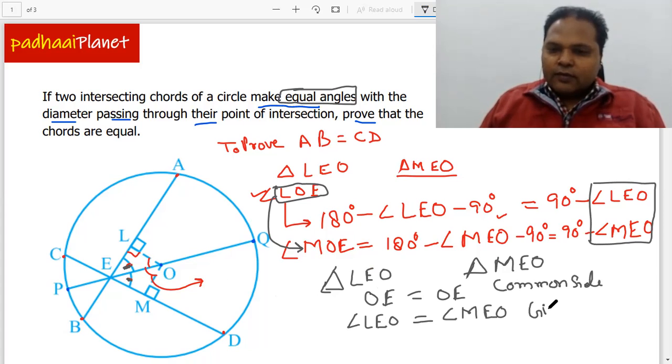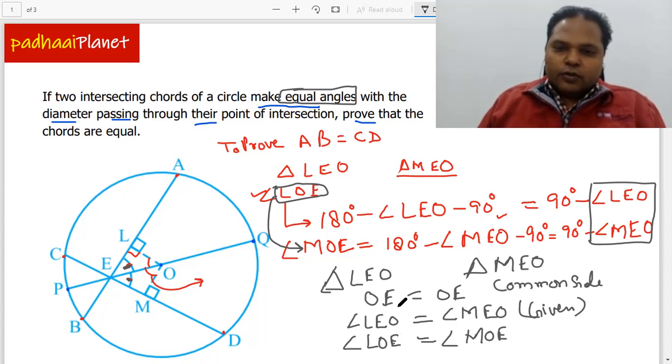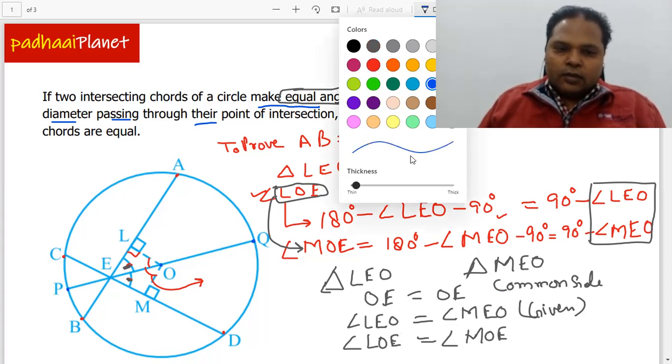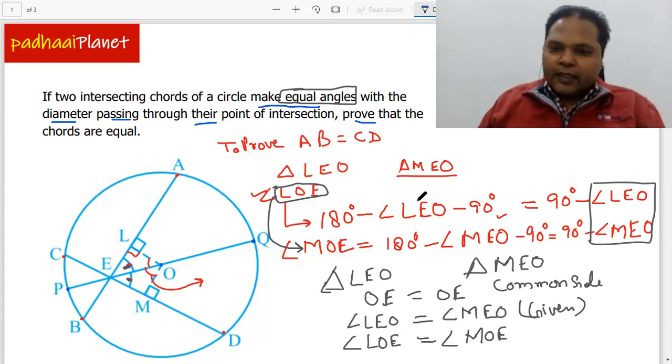Similarly, angle LOE is equal to angle MOE. This we just proved here, right? So now we can easily say that these two triangles are congruent to each other.